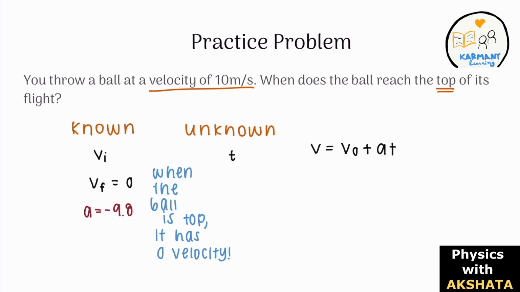Solving for t, we see that t is equal to v minus v0 all over a. And after subbing in all the values, we can see that t is negative 10 over negative 9.8, which gives us a time of about 1 second.